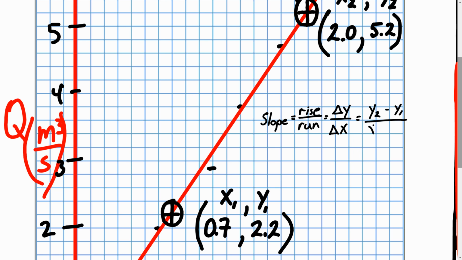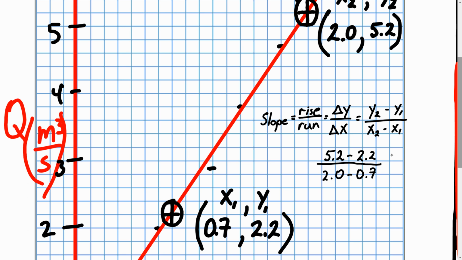We've got all these formulas and they all mean the exact same thing. So all I want to do is fill in this data. y2 was 5.2, minus y1 was 2.2, over x2 was 2.0 minus 0.7.